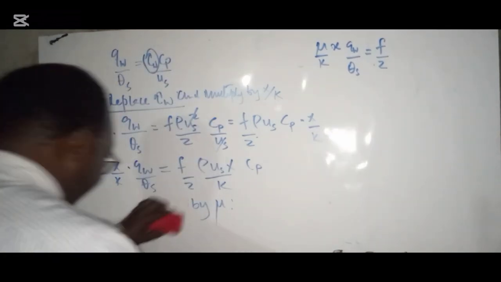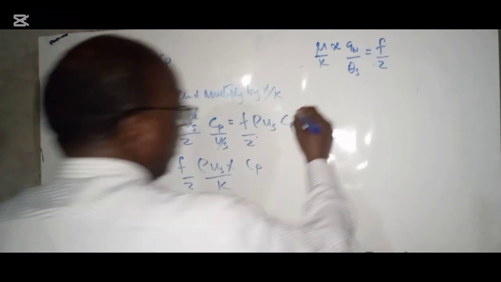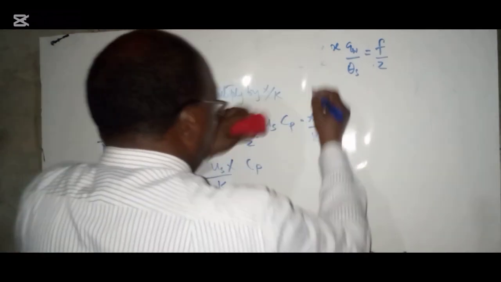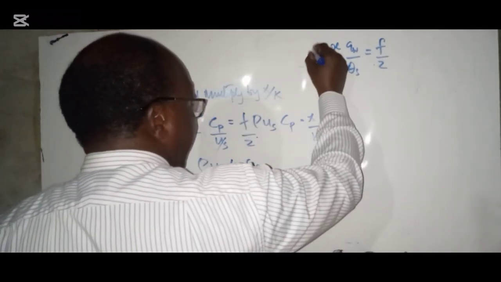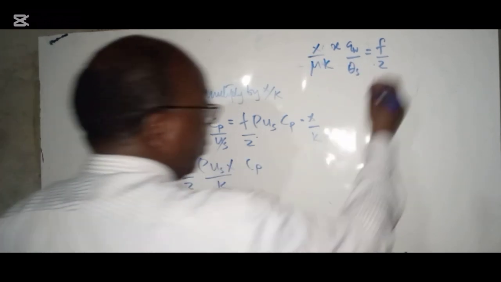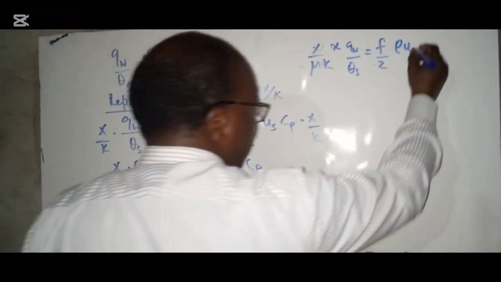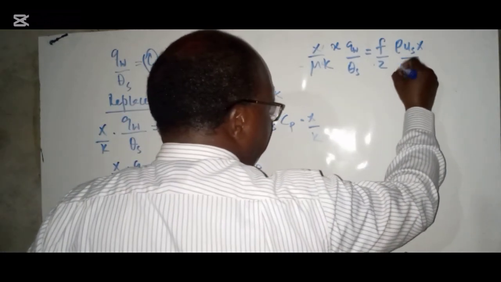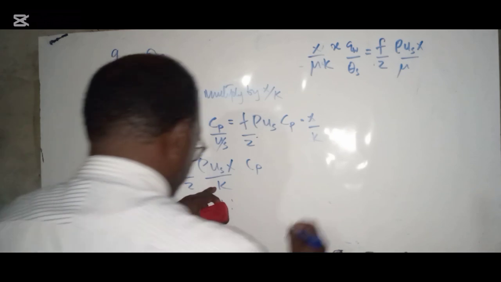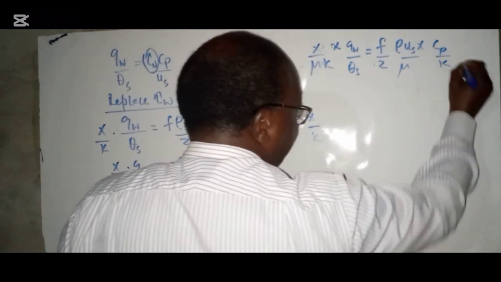Not multiply, we want to divide. Dividing by mu, we have x over mu K, that will be F over 2, rho U S x divided by mu, Cp over K.